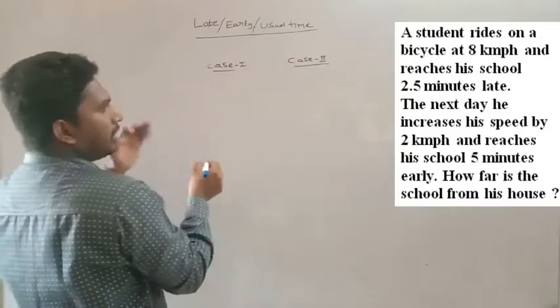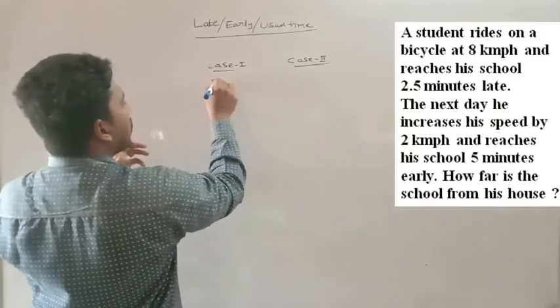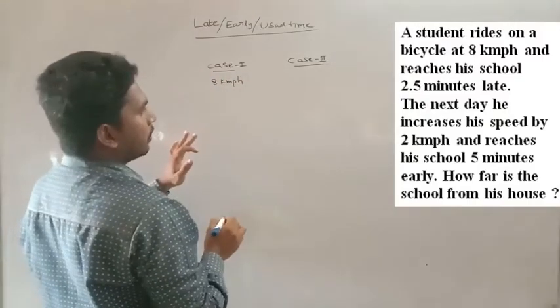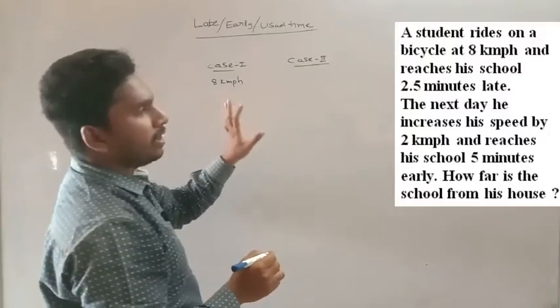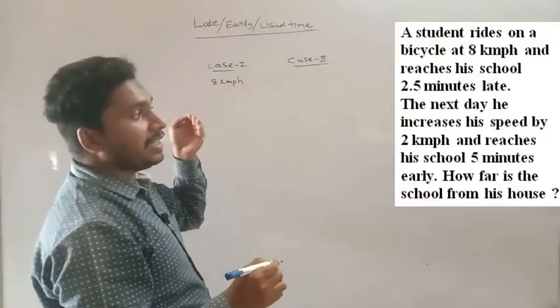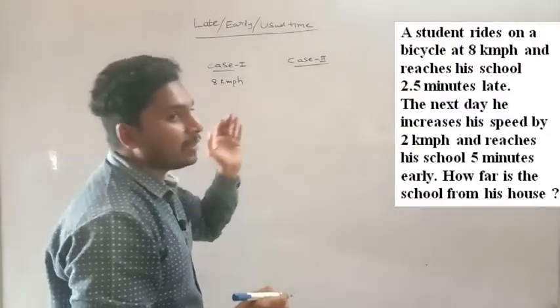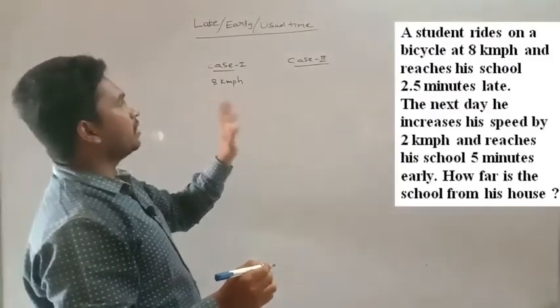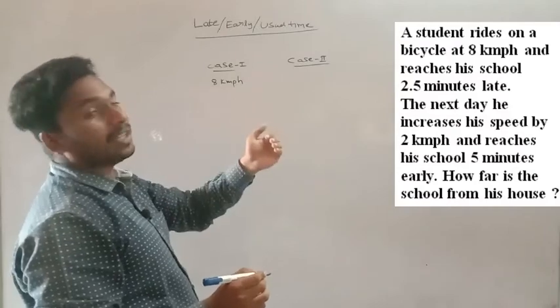Okay, so in case 1 he is going with a velocity of 8 km per hour, and in case 2, how about the velocity? The next day he increases his speed by 2 km per hour. So increased by, in the sense you have to add whatever is the increased amount.